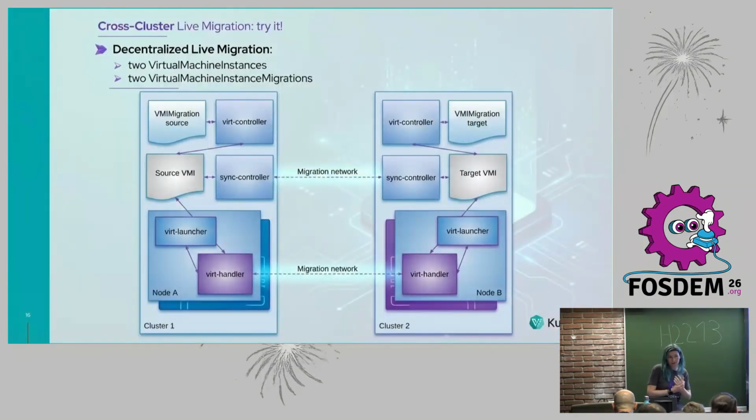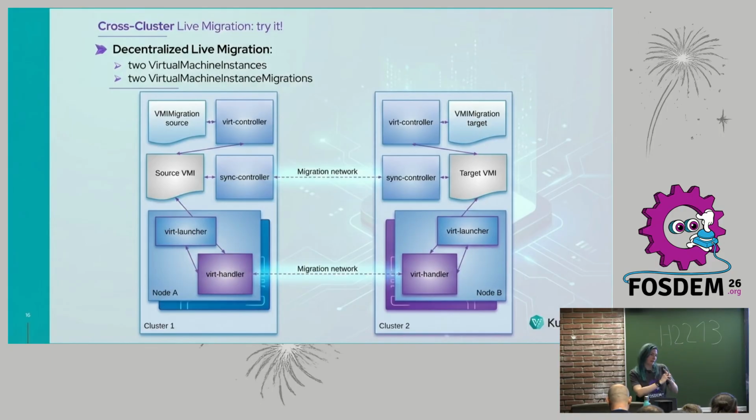So the innovation bits that we added to Kubernetes is the synchronization controller, which is now responsible for synchronizing between the source and the target. So we invented the decentralized live migration. That's how we called it.